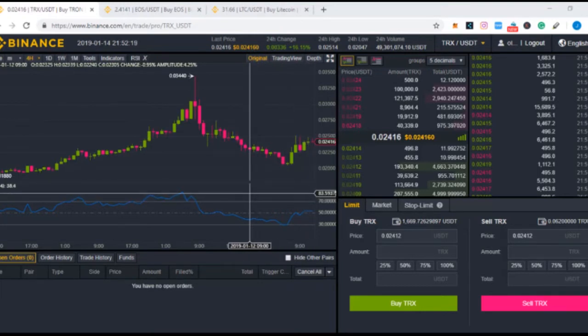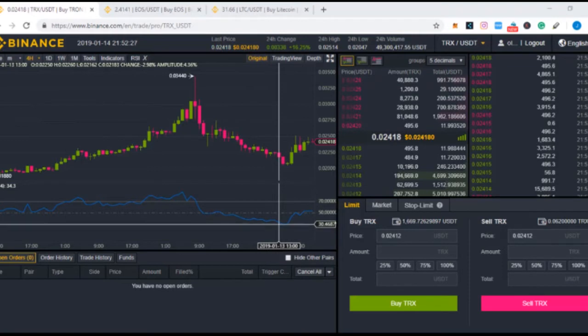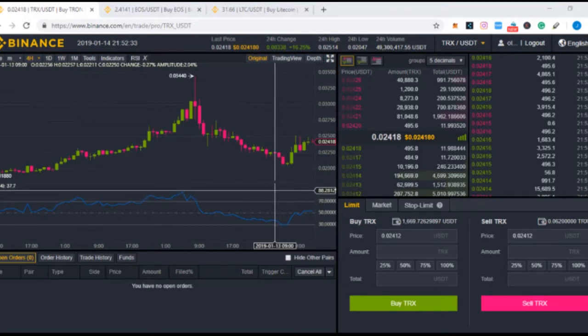So once you see the RSI at a position, there is a standard position which is 20/80. So you buy cryptocurrency around a position of 20, and you sell them when the RSI is 80, and you can see this is 87, so just within that range. And there's also a position that is 30/70.